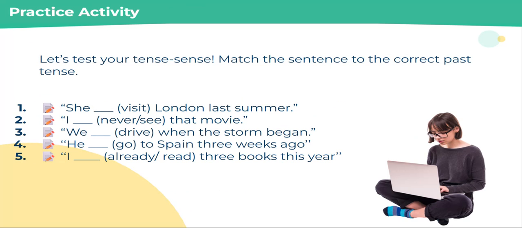So let's test your tense. Match the sentence to the correct past tense. For the first one, we have: she visit London last summer. You can put your answers in the chat.